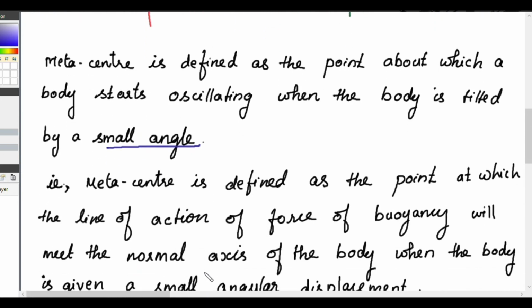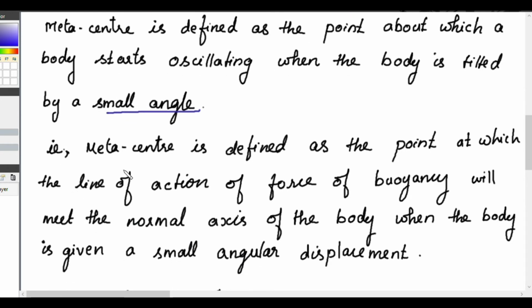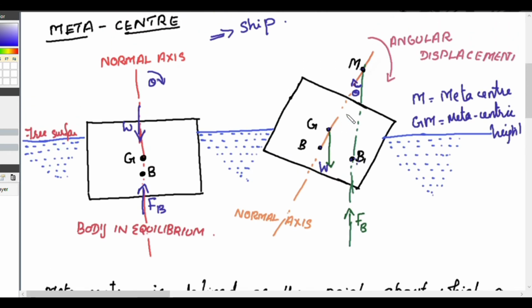Another definition: it is the point at which the line of action of the force of buoyancy will meet the normal axis of the body when the body is given a small angular displacement. So the point where the buoyant force meets the normal axis is called the metacenter.